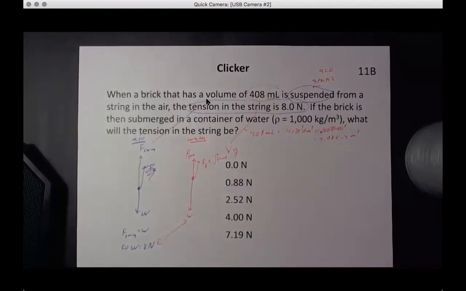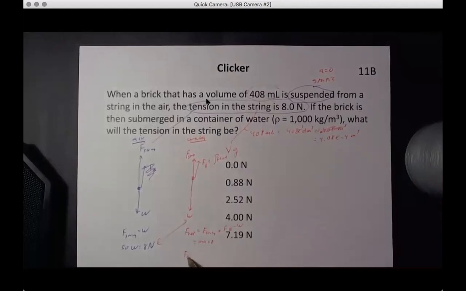Okay, so that's our volume, and so again, F net is equal to F string plus F buoyancy minus W, which is equal to ma, which is equal to 0.